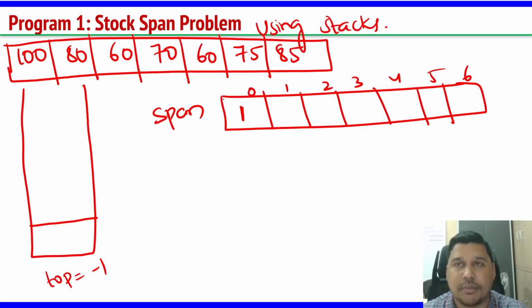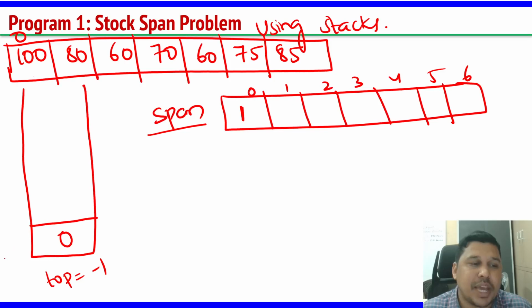Then we have this 100. When you have this 100, you insert the index of the first element, 0, into the stack, because that is the only element we have till now. Day 1, this is the state of the span array, and this is the state of the stack.